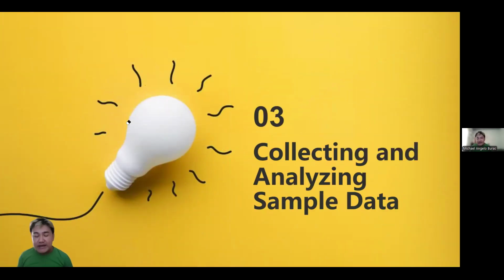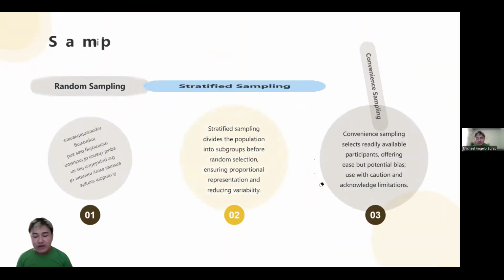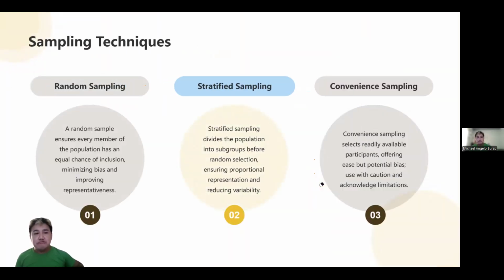So, collecting and analyzing data. After we have written the null and the alternative hypothesis, we now collect and analyze sample data. So when we collect data, as mentioned before in our sampling technique and sampling distribution lecture, we can make use of random sampling to basically avoid bias.